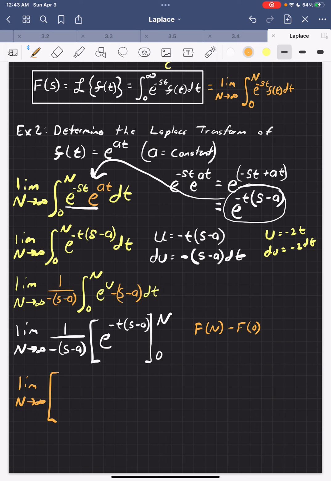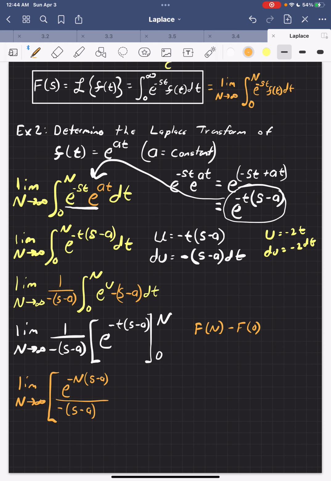And this is going to end up being e to the negative n times s minus a over negative s, that's the product of negative and s minus a. All right, so that's the first part. And then now I'm going to be plugging in 0 for t, of course, that's just going to be e to the 0, which is just 1.